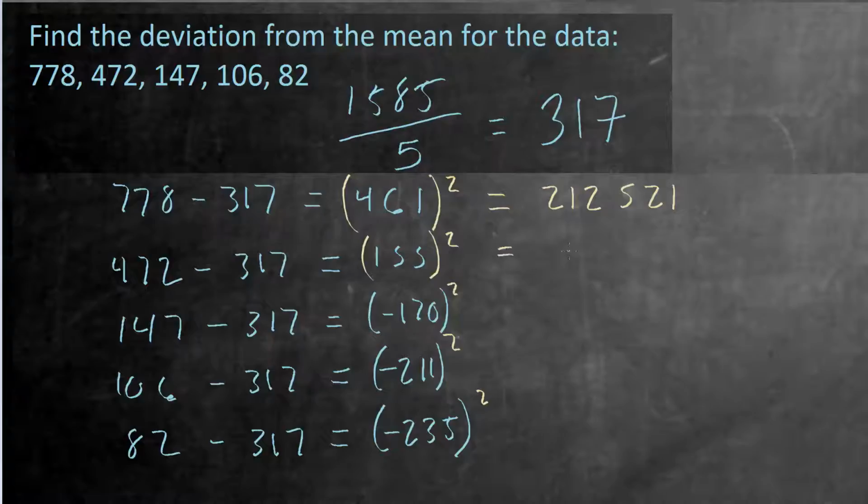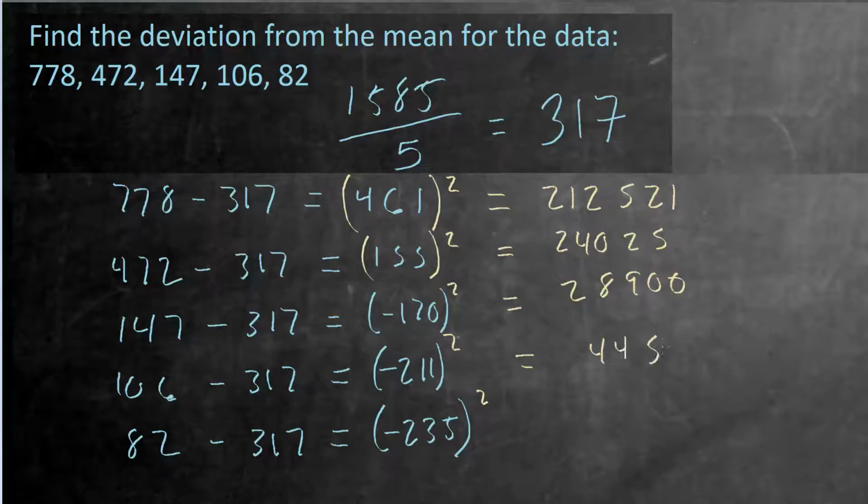Definitely going to need a good calculator for this section. Negative 170 squared, 211, and negative 235. Good. So we've got that work done.